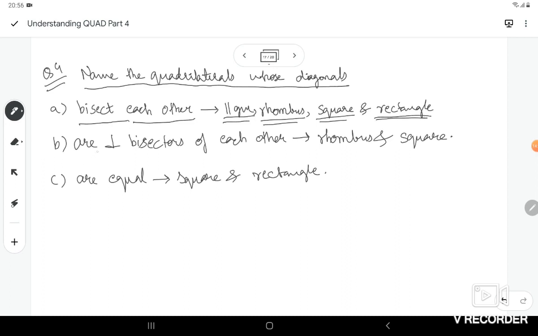Now it says name the quadrilaterals whose diagonals are perpendicular bisectors of each other. So it's rhombus and square. Now it says name the quadrilaterals whose diagonals are equal. So it's square and rectangle.